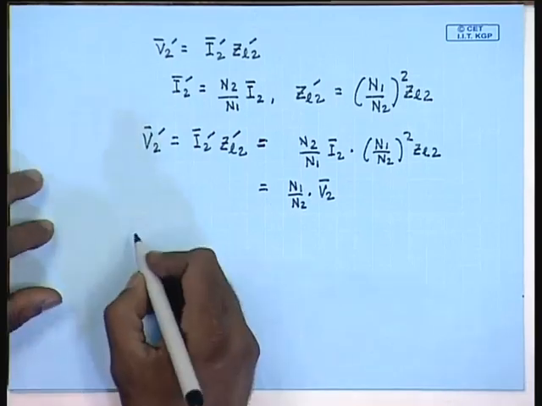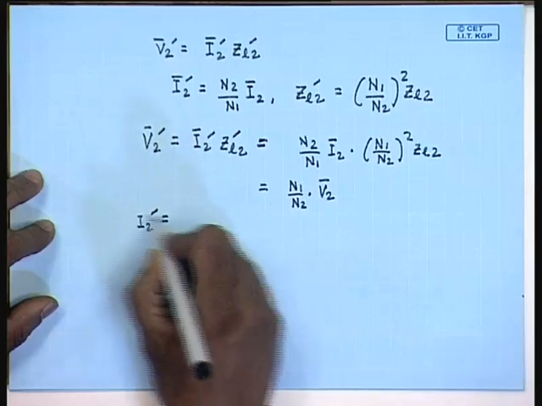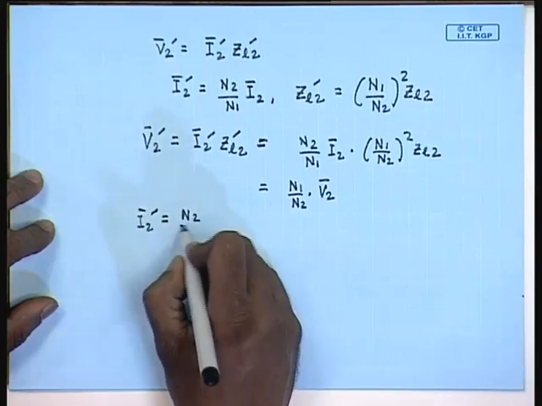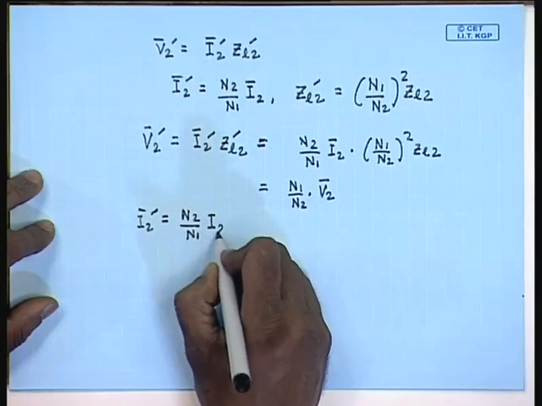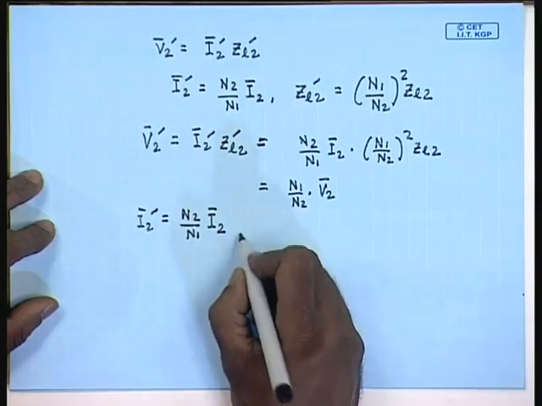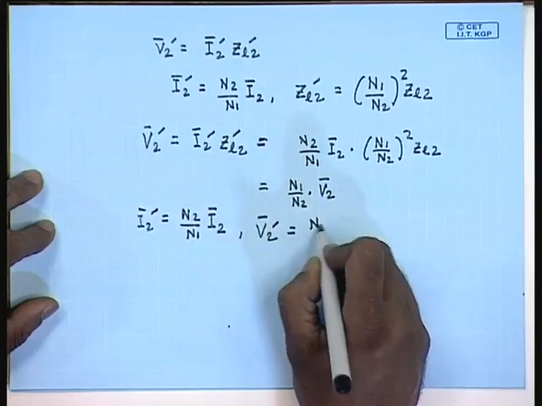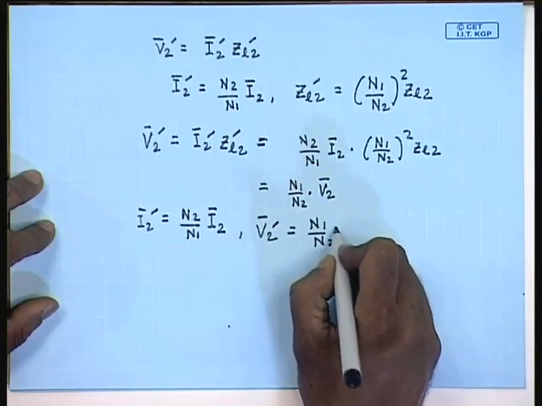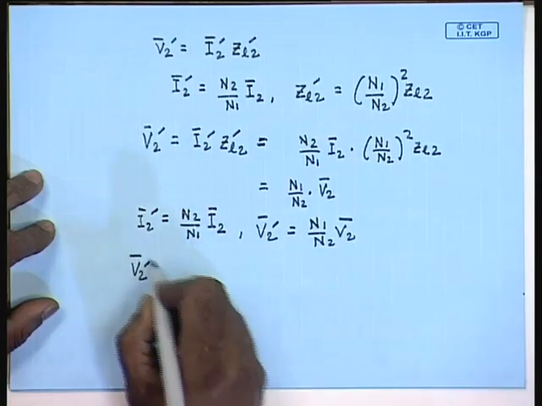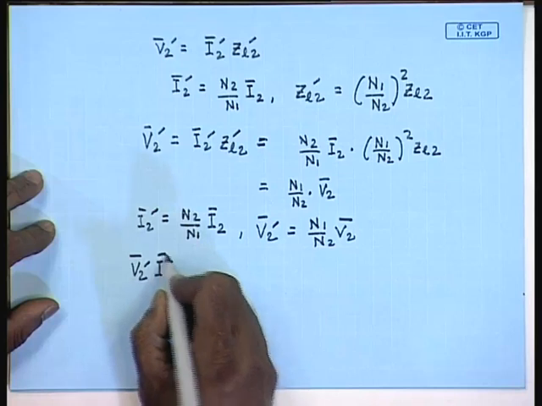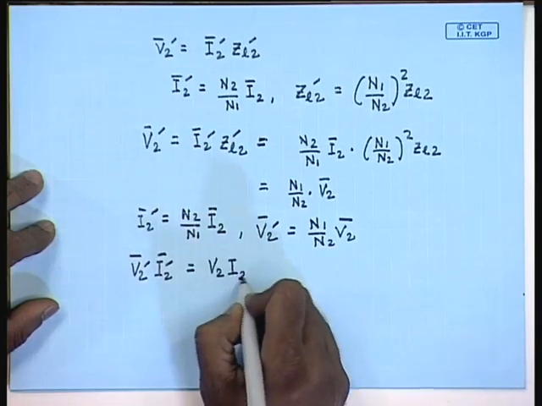So, we have I2 dash equal to N2 by N1 into I2 and V2 dash equal to N1 by N2 into V2. Therefore, V2 dash I2 dash equal to V2 I2.